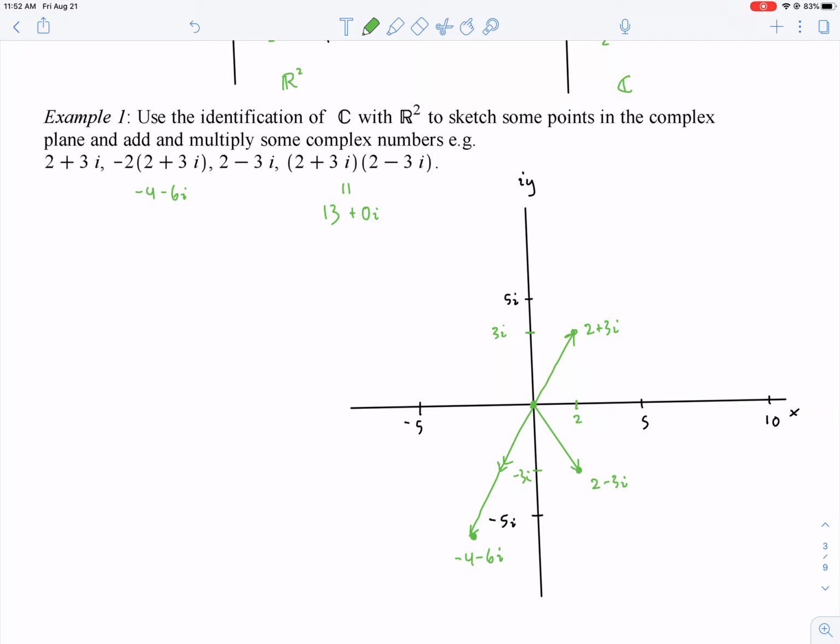So the product is the pure real number 13. All right, and so a good portion of today we'll be trying to figure out geometrically what that number 13 has to do with the complex numbers 2 plus 3i and 2 minus 3i, whose product it is.